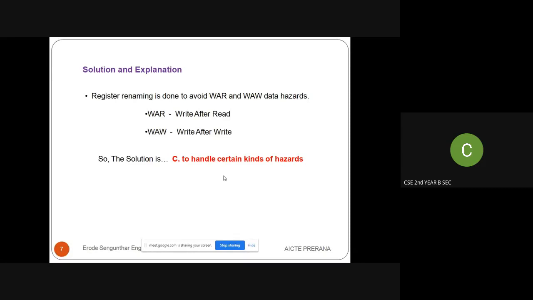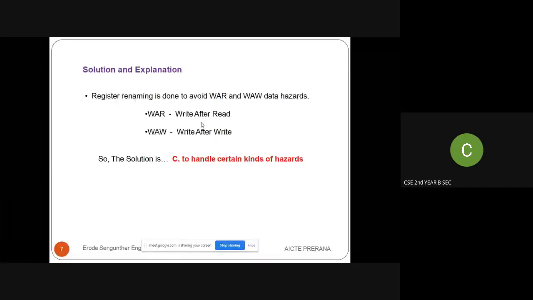At that stage, we are dealing with these two kinds of data hazards, WAR and WAW. So it is clear that while dealing with these hazards, registers should be renamed, in order to handle control or data hazards. So the solution is C, to handle certain kinds of hazards.